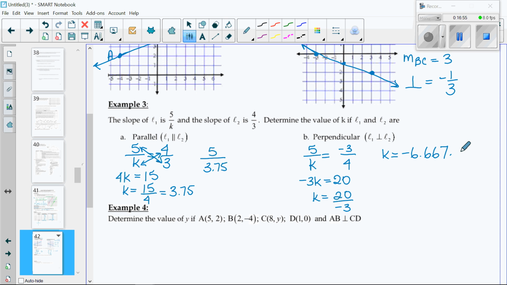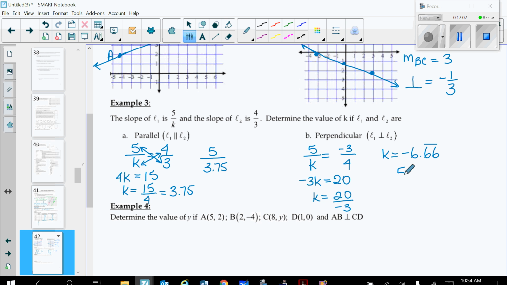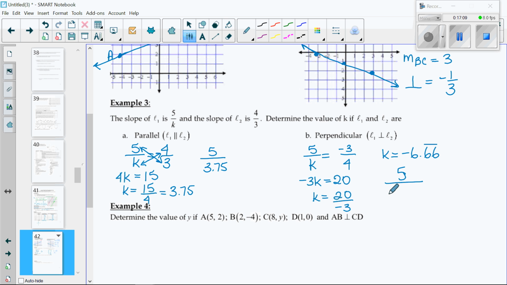I rounded it, or we could just write it like this. I think maybe I'll leave it like that because it's a repeating decimal. So the slope is going to be 5 over 6.66 repeating. Okay, that's going to be our slope.